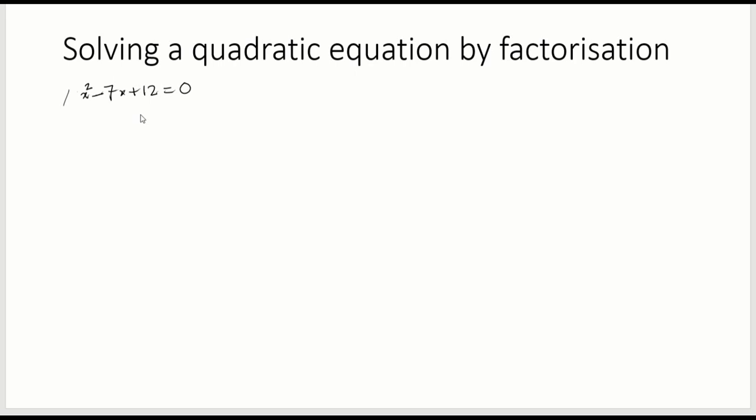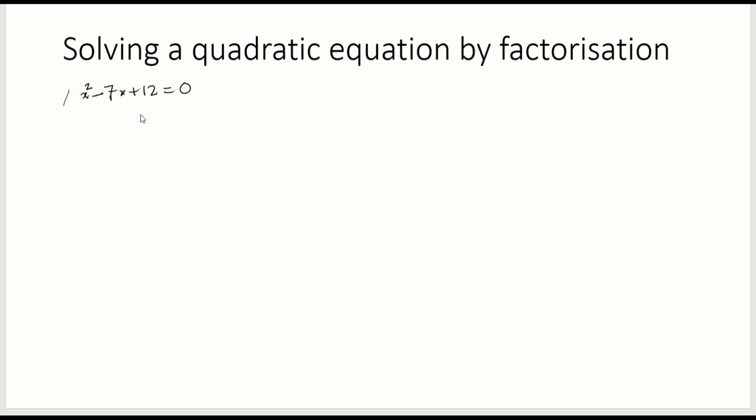In the previous slide I showed you that for x equals 3 this expression becomes 0, and then we came to the conclusion that 3 is a root of the above equation, right? But you won't be served on a platter like that. You need to find out what the root of the equation will be.